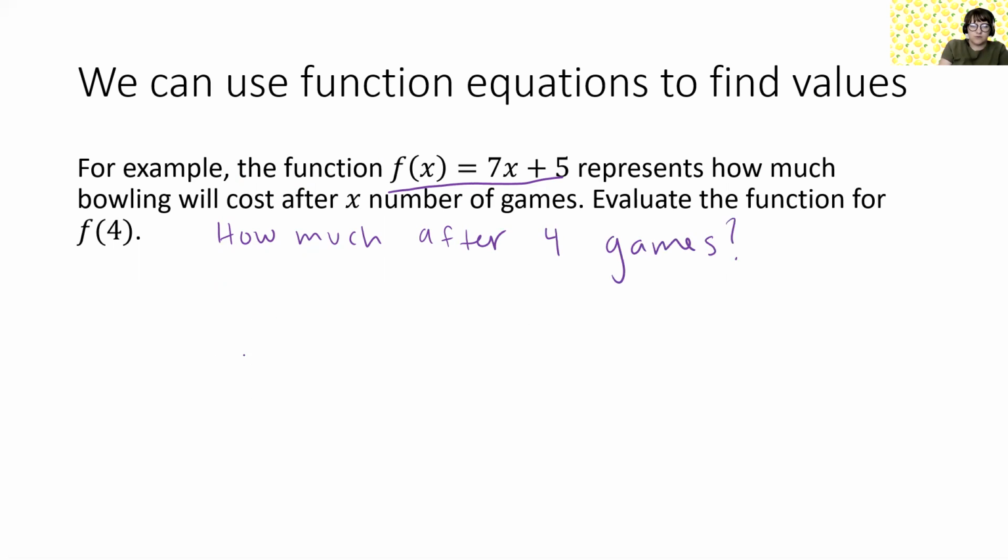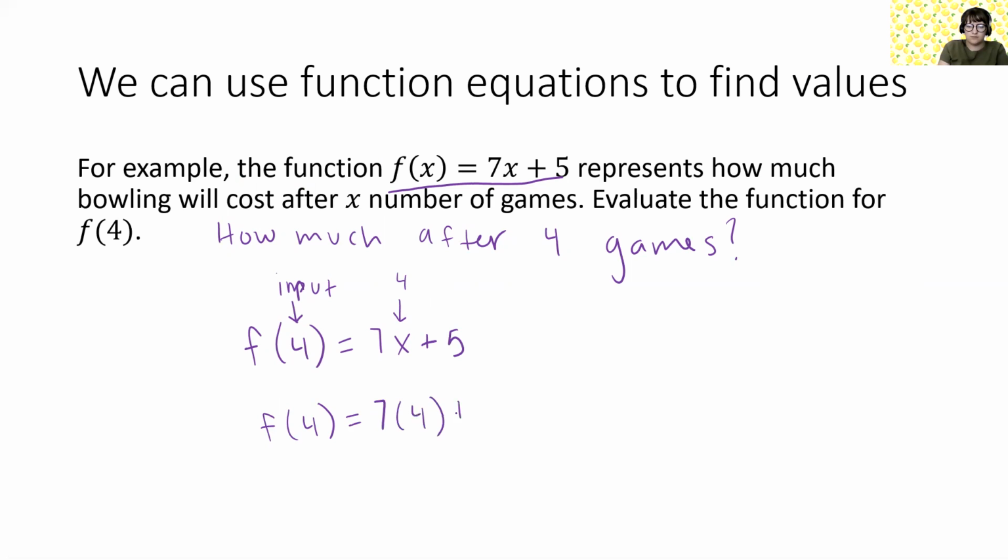So what we're going to do is we're going to write f of 4. This is our input. The rule is 7x plus 5. So I'm going to input 4 here. f of 4 equals 7 times 4 plus 5.